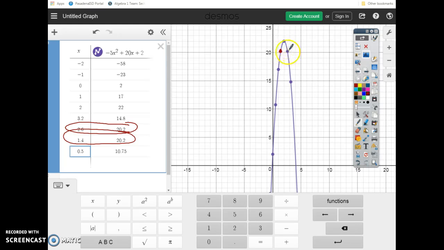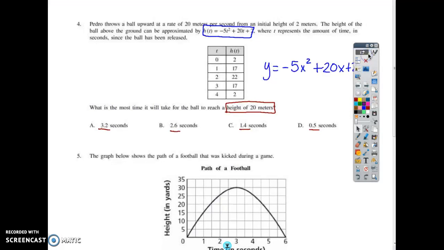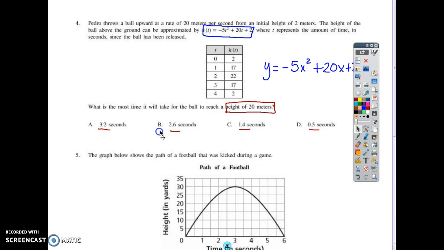And then when it's coming back down at 2.6 seconds, it also hits 20. So we have two answers that hit 20 meters. We're going to circle those two. For the CBA, there's only going to be one answer, and it's going to be a perfect number. Okay? Problem number 5. So for this one, I'm going to circle both B and C.